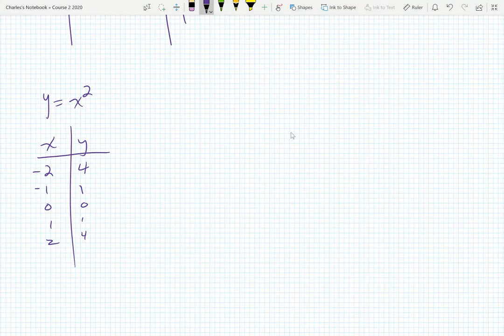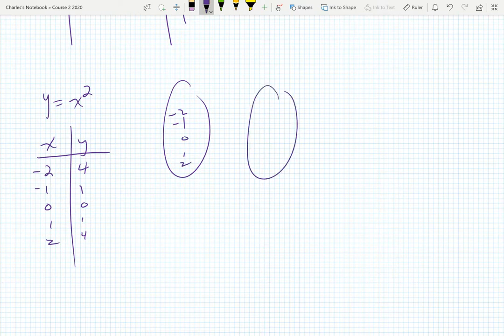So if I'm looking at this function thinking what's wrong with it, well, I have -2, -1, 0, 1, and 2. Not that there's anything wrong with it, but there's something that's going to make it not a function. And if I draw these arrows here, I'm going to get multiple arrows going to the same y values.